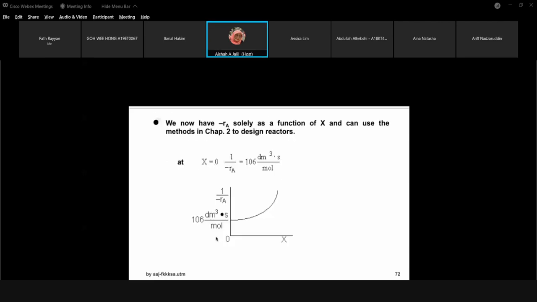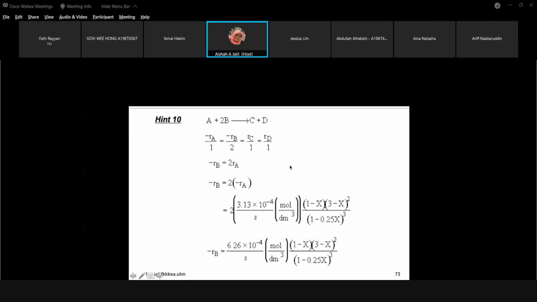We now have negative rA solely as a function of X and can use the methods in chapter 2 to design the reactor. Okay, this is the Levenspiel plot. You can get the 1 over rA here, before you multiply with the F0. Okay, this is when you want to mention other rates for the RB, RC, RD.